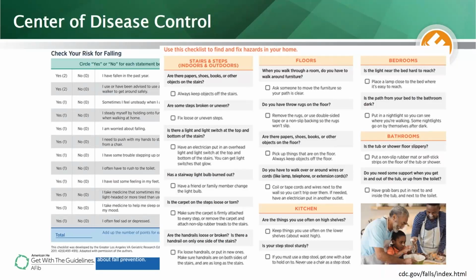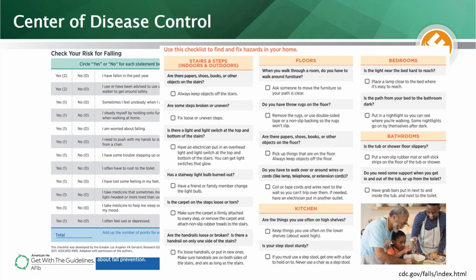This is also a checklist that can be provided or used to help with looking for potential hazards at home. So, are there things in their way, objects such as paper, shoes, books, or other objects on their stairs that can be moved? Are there uneven steps that can be fixed? Is there a lighting issue that can be addressed?